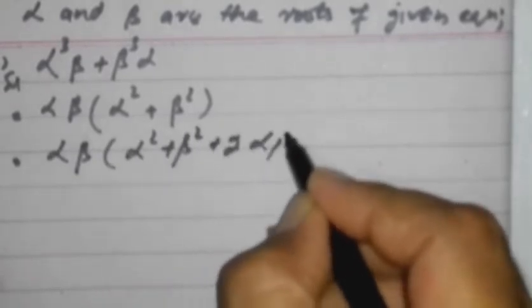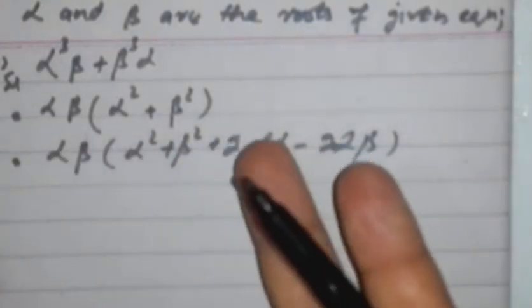Take alpha beta common. Here remains alpha square plus beta square. Now add 2 alpha beta and subtract: alpha square plus beta square plus 2 alpha beta minus 2 alpha beta.